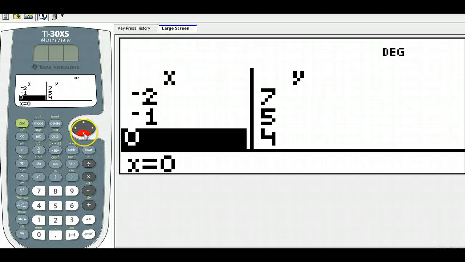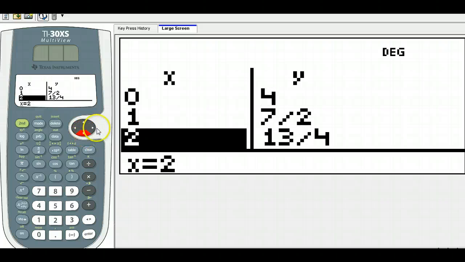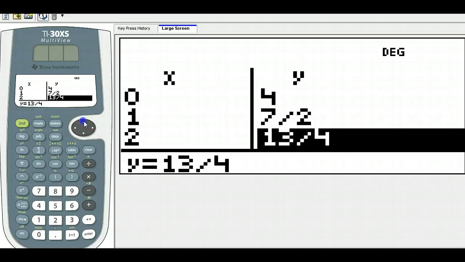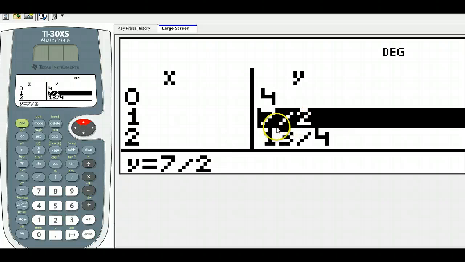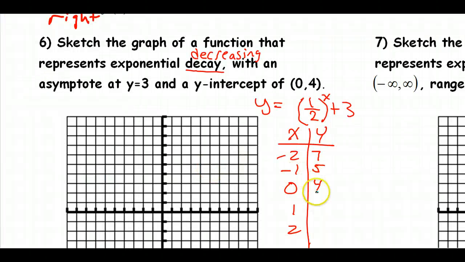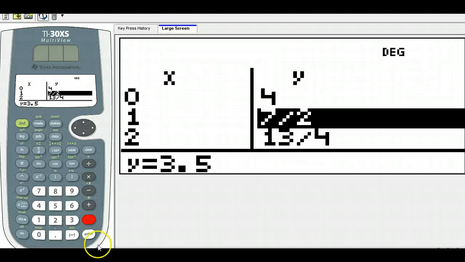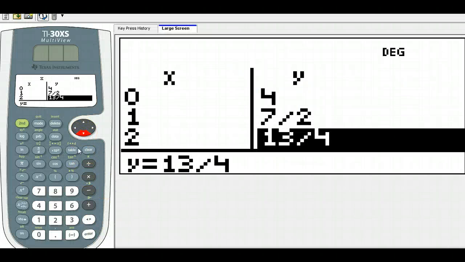What else? Okay, what do we have here? Well, this is going to be 3.5. And one more. 3.25.